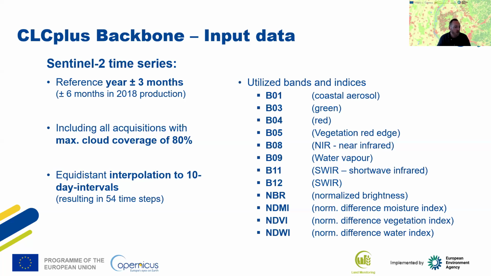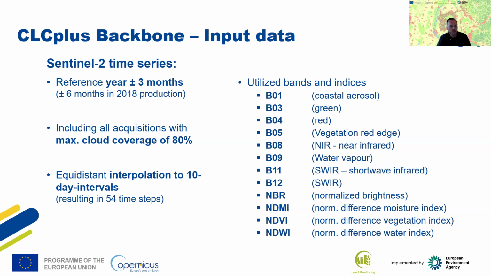The time series includes all acquisitions that are available with a cloud cover of maximum 80%. And those images are then the input for an interpolation where the data is interpolated to 10-day intervals, so that for each pixel in the end, there are 54 time steps available for the classification.